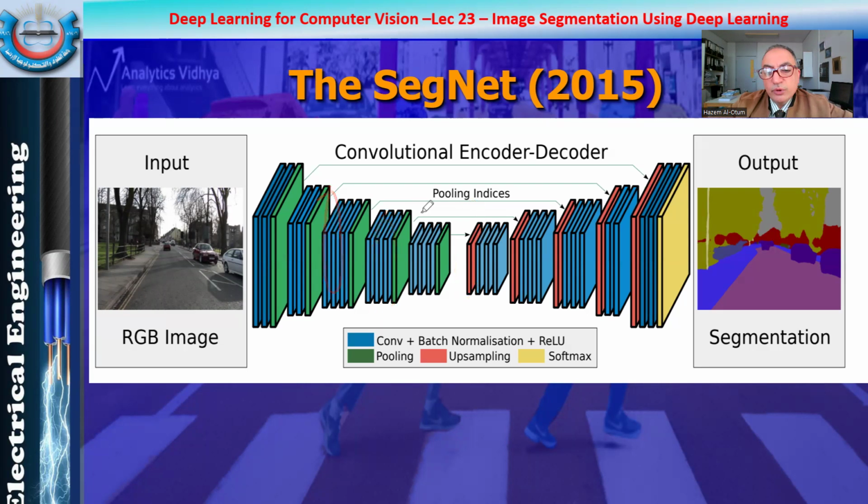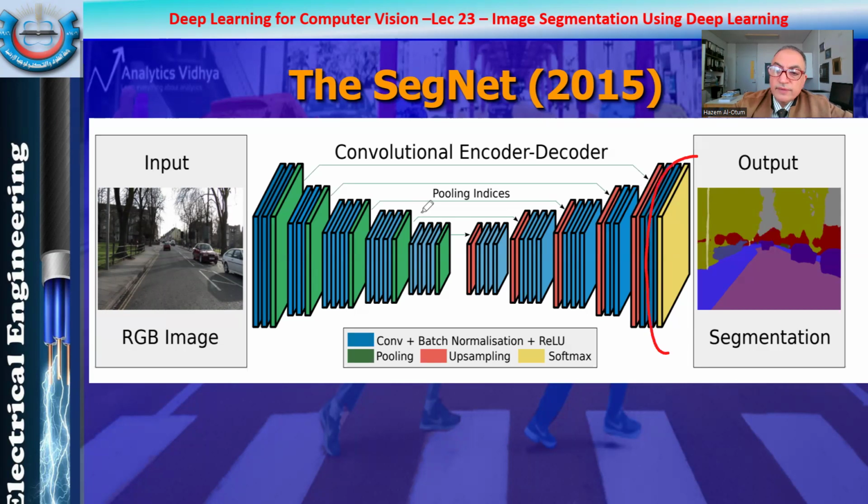In this case, we apply max pooling to reduce the size, and we have the upsampling at these locations to oversample, or to increase the sampling and increase the size of the image, or the spatial features in the image.